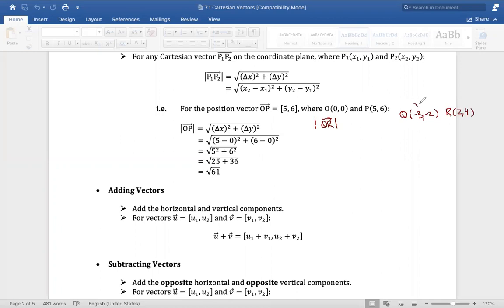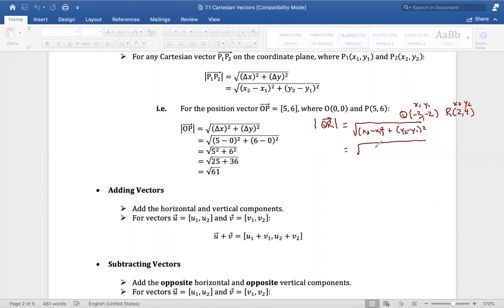Again, I should write out that this is x1, y1 and x2, y2, just to save any errors. My formula is the square root of the difference in my x's, x2 minus x1, squared, plus y2 minus y1, squared.